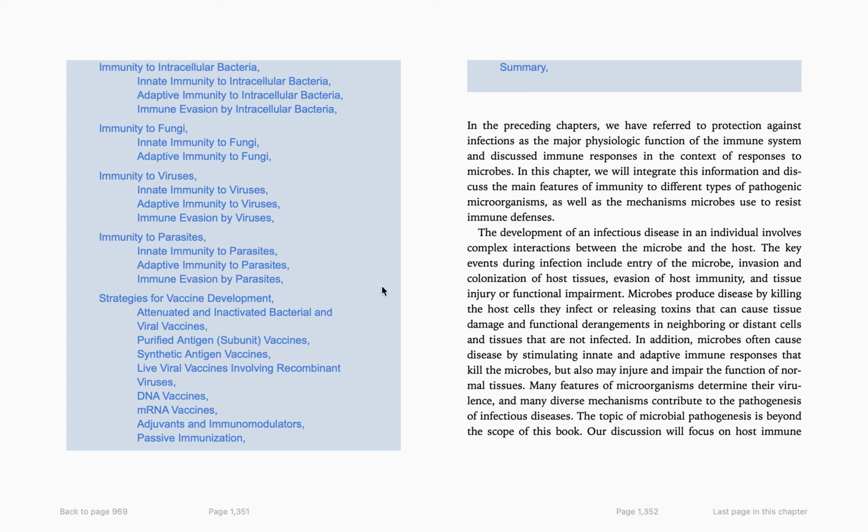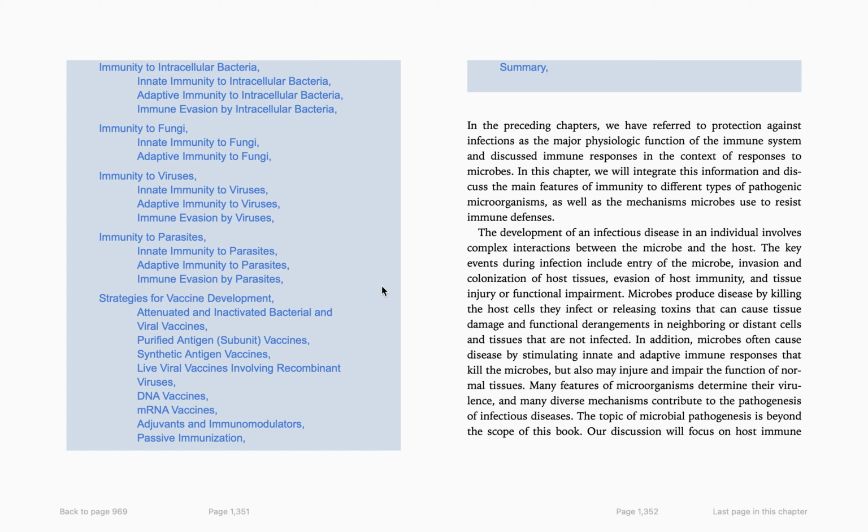Development of an infectious disease in an individual involves complex interaction between the microbes and hosts.